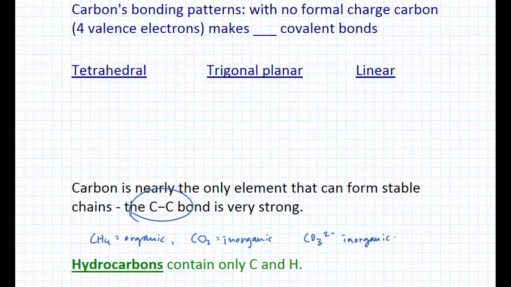Right? So let's remind ourselves of the way that carbon bonds. Carbon has 4 valence electrons, right? So if it was to have 0 formal charge, how many covalent bonds would carbon make? What do you think? 4? Right?